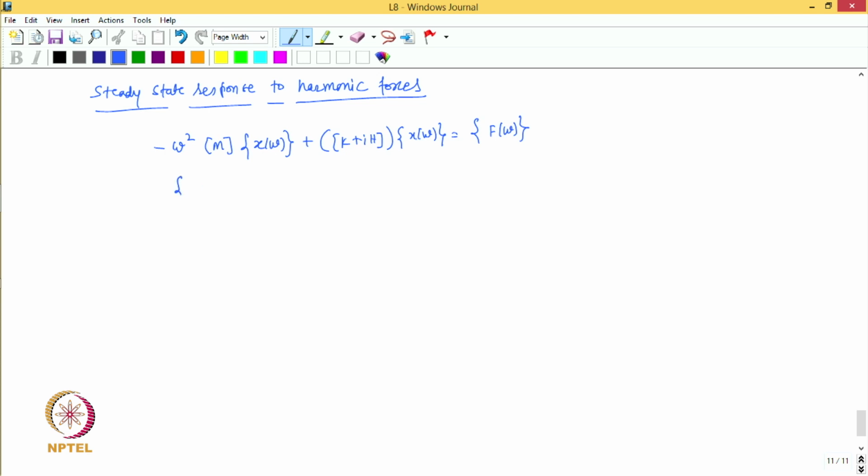So we can straight away write x of omega as the inverse of (K plus i H minus omega square M) times f of omega. And as we have done for undamped systems, this matrix can be represented by the matrix alpha, the frequency response function matrix, times f of omega.